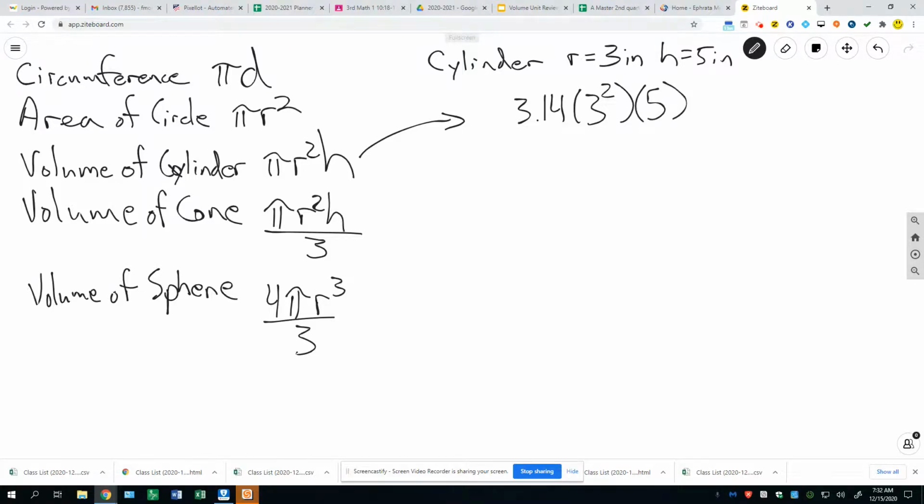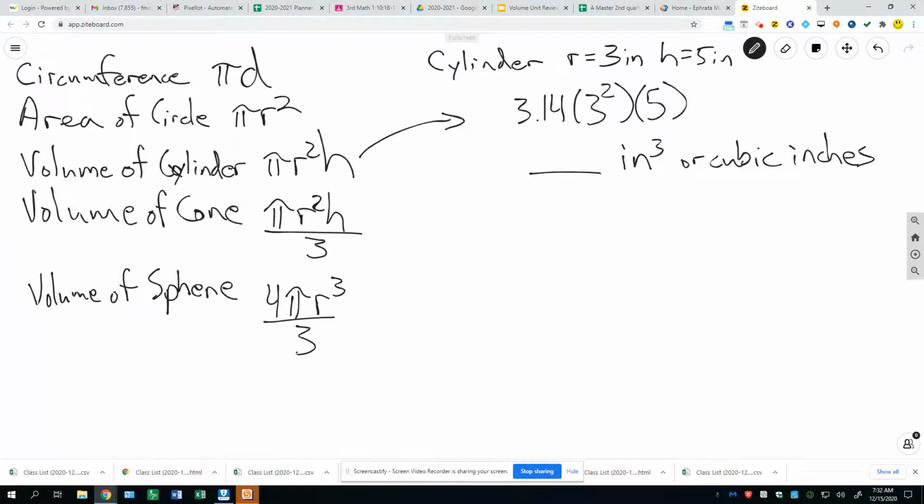I'm going to plug that into my calculator. And it's going to give me, I don't know what it's going to give me, but it's going to give me inches to the third power or cubic inches. Okay.